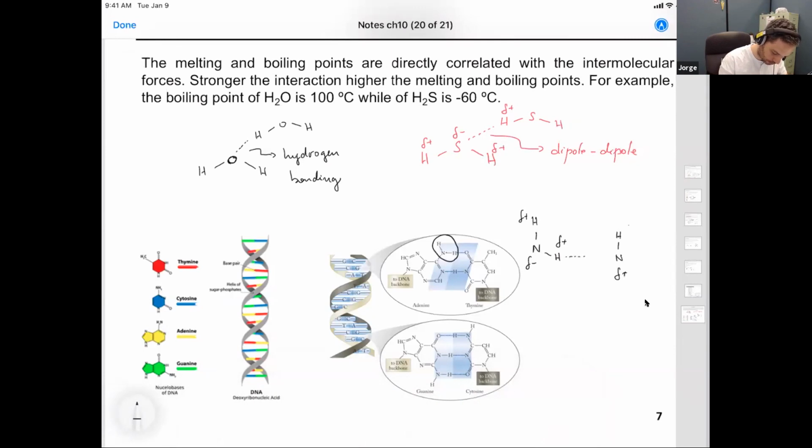Delta minus and delta plus, so that will create a hydrogen bonding. And the hydrogen bonding is the major intermolecular force that keeps the DNA together. We also have dipole-dipole interactions, but hydrogen bonding is one of the most important interactions in this case.